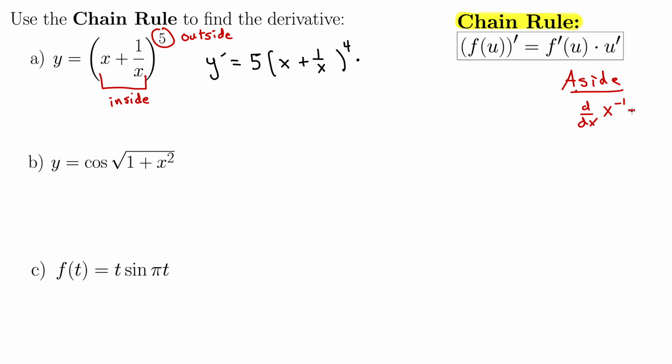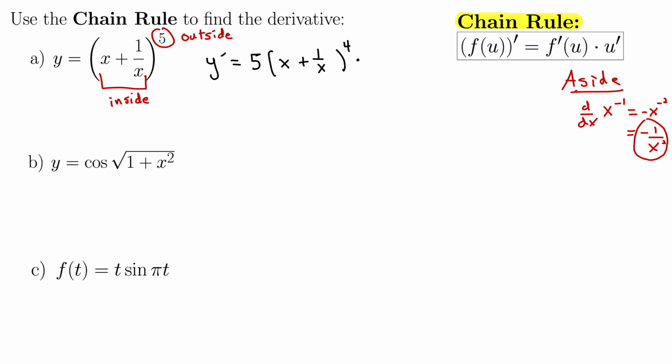Then the derivative of this is negative x to the negative 2, which we then simplify as negative 1 over x squared. So just keep that in mind, that this derivative of 1 over x is going to become negative 1 over x squared. And this is just an aside.